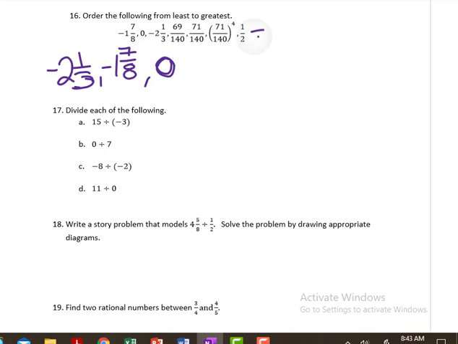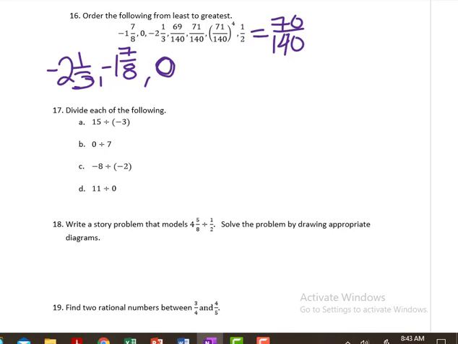So 1/2 would be the same as 70 over 140. So we can list 3 of the numbers in order: 69 over 140, 70 over 140, and 71 over 140. But what remains is 71 over 140, that quantity to the 4th power.